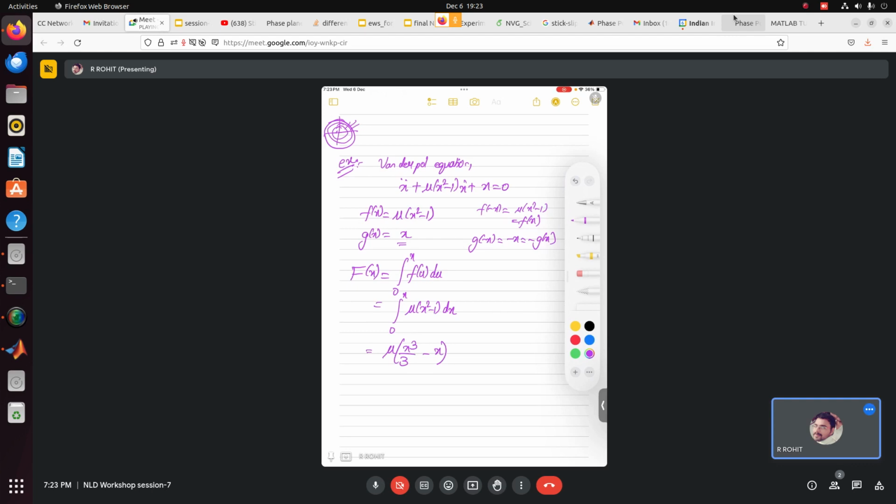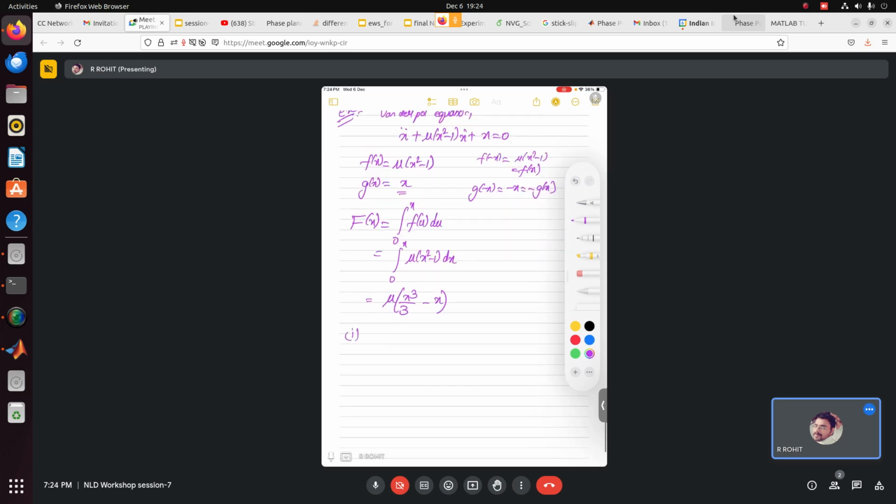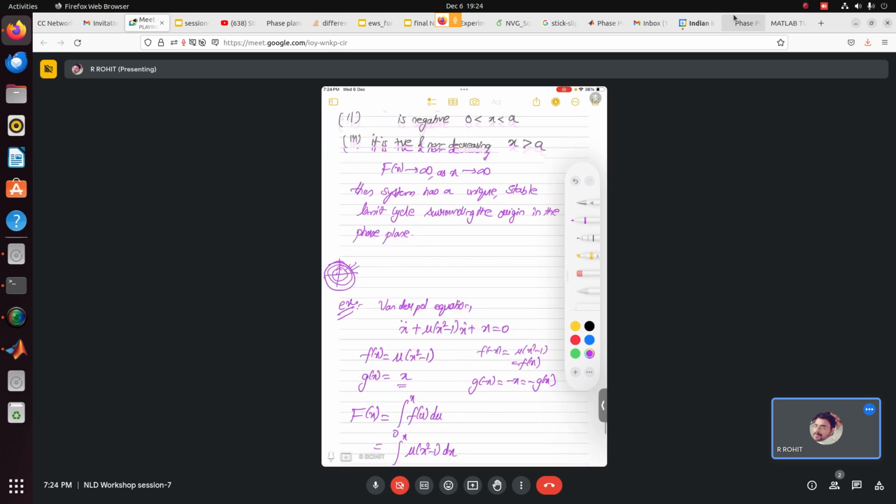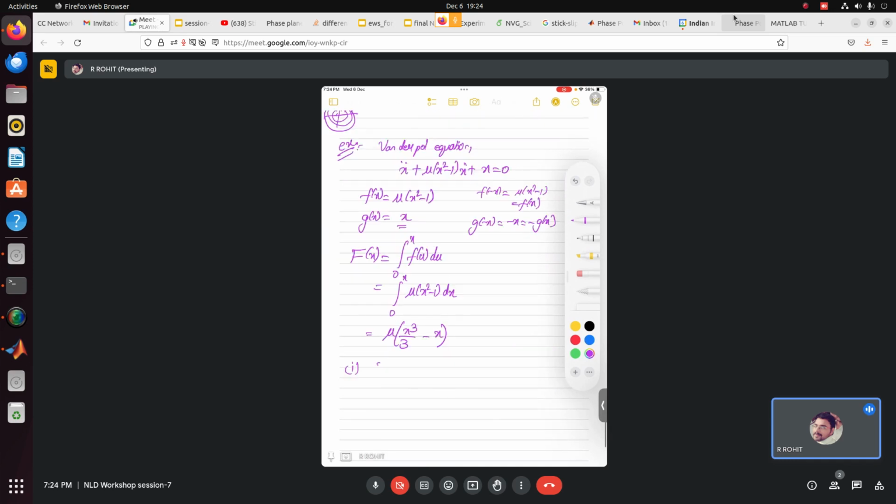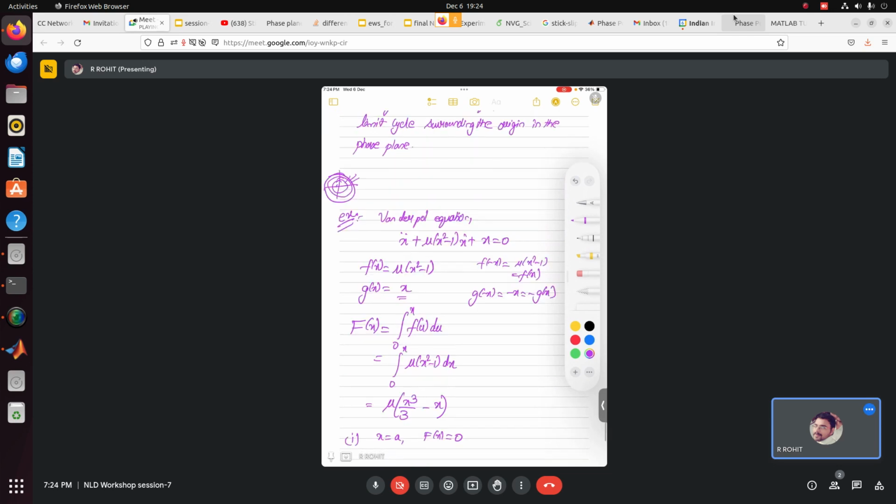Now our first condition was when x is equal to some value of a, your system, this capital F of x should have a value equal to 0.